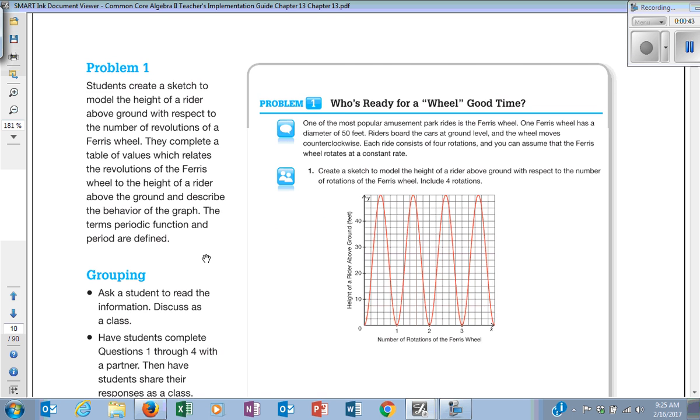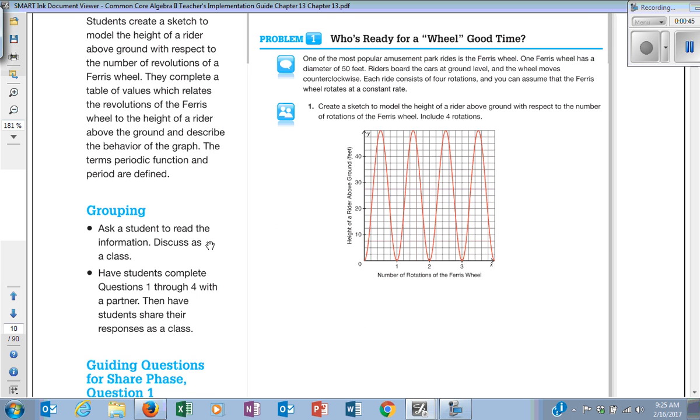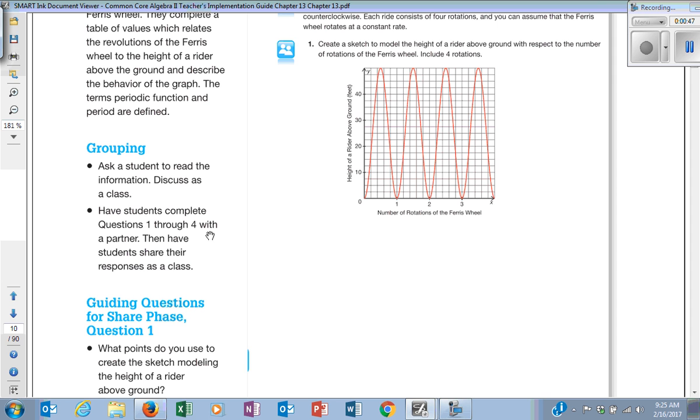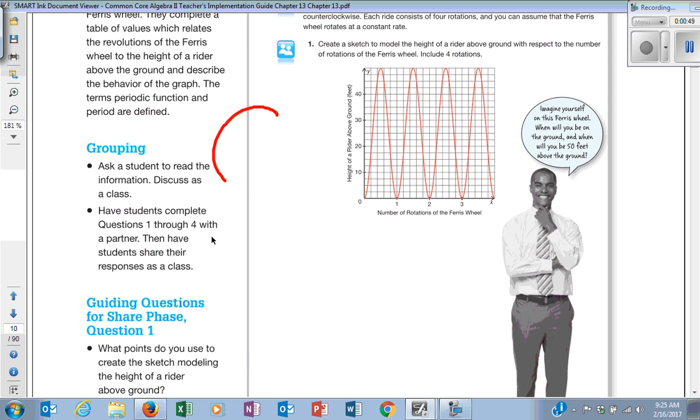Here's a Ferris wheel, and obviously a Ferris wheel is going to be making this motion. It's going to be going in a circle. And so this is where you start, right? You start at the ground. And as you rotate, whichever way this thing rotates, you're going above the ground. So you're going to be up from the ground. So you see the rotation.